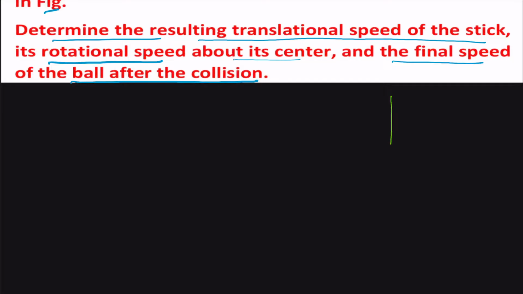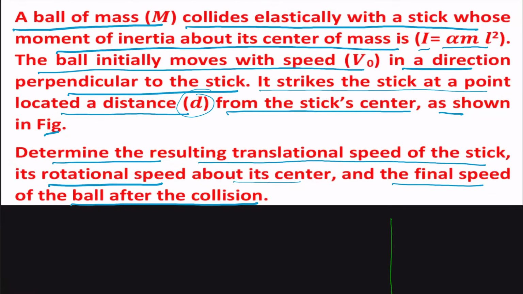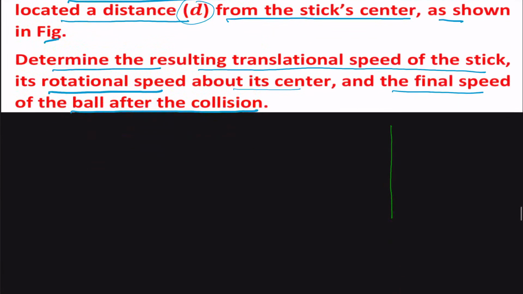So we can just draw this. Suppose this is our stick, and we are given that it has a mass of small m, and its length is given to us as L. Suppose this is the center of mass of the stick, and the ball strikes the rod at a distance d from the center of mass.